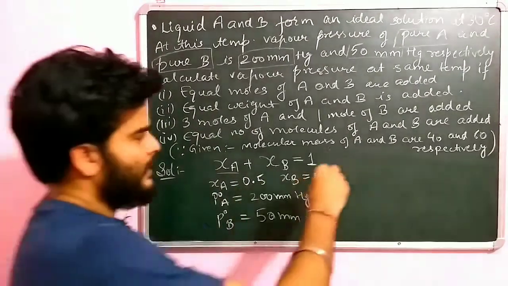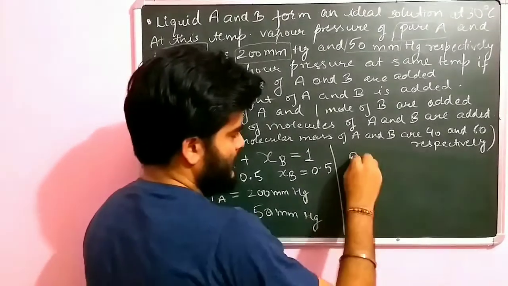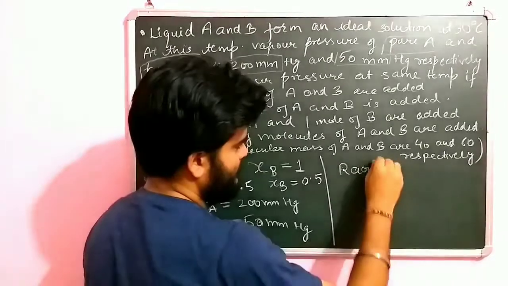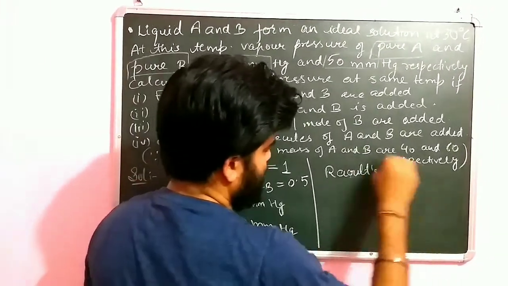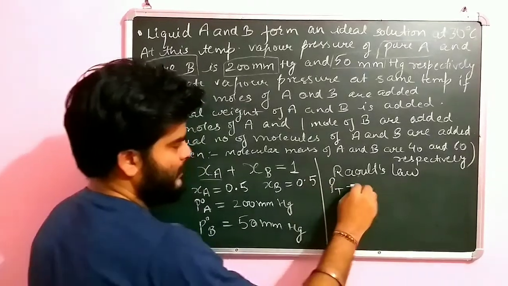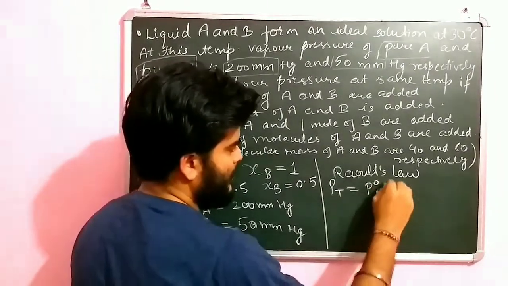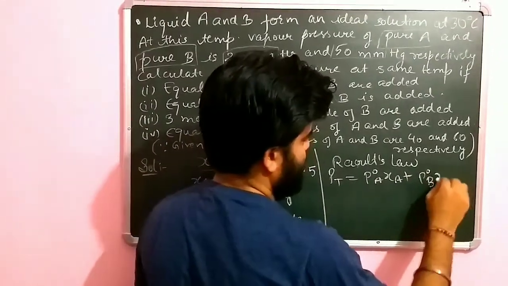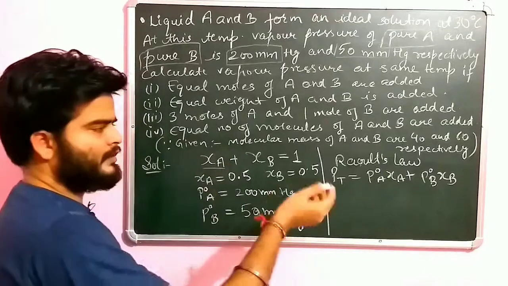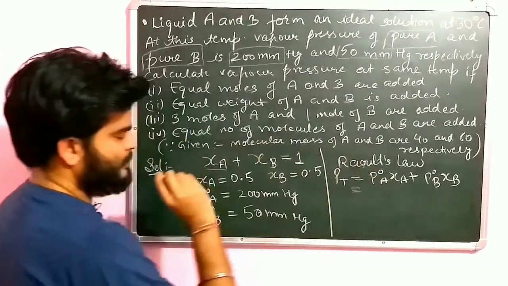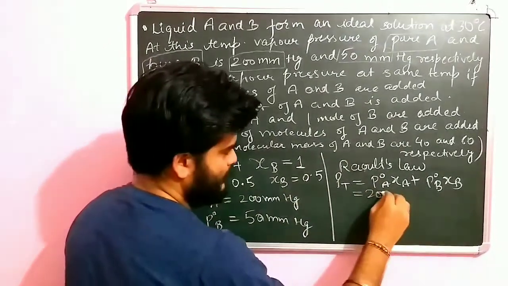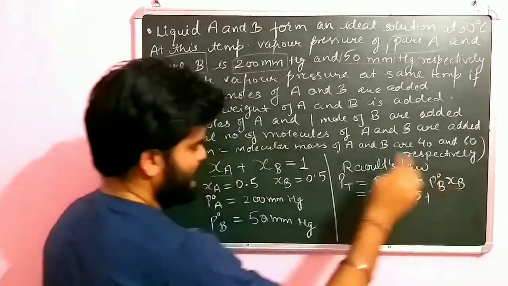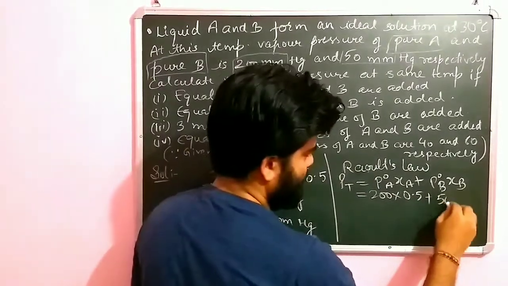As you all know, what is Raoult's law expression? It says that total pressure will be equal to P naught A into mole fraction plus P naught B into its mole fraction. We just have to put these values. P naught A is what? 200. XA is 0.5 plus P naught B is 50.